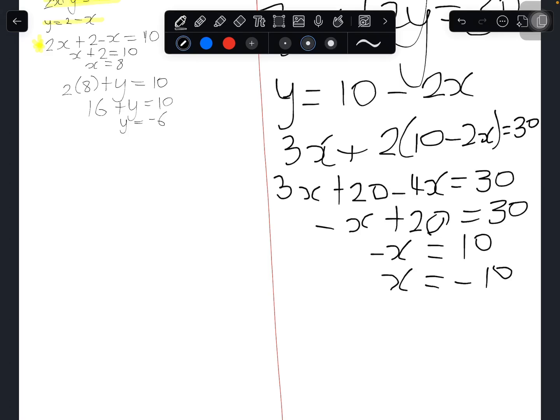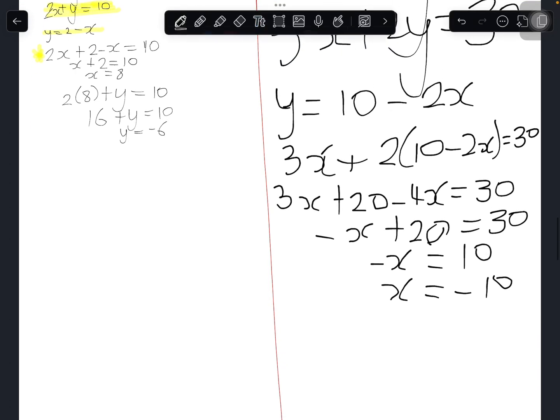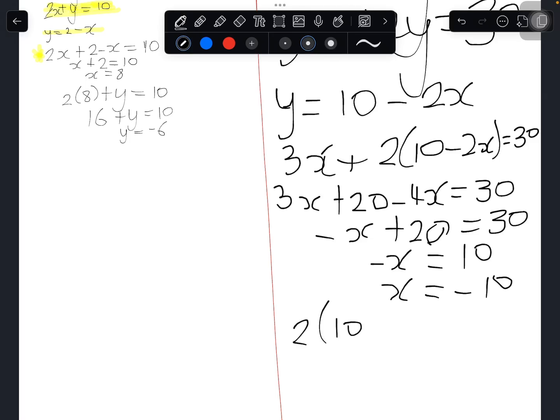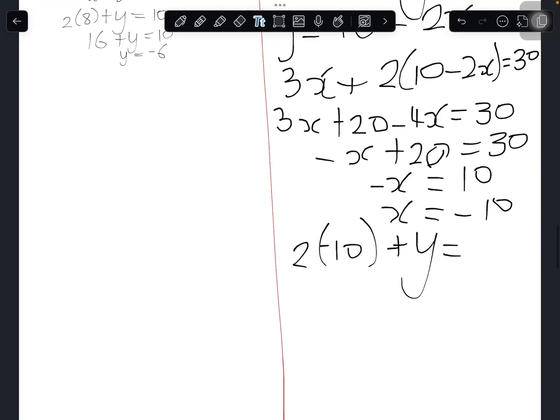Let's see what we're going to get for y. I'll have 2 into minus 10 plus y equals 10.